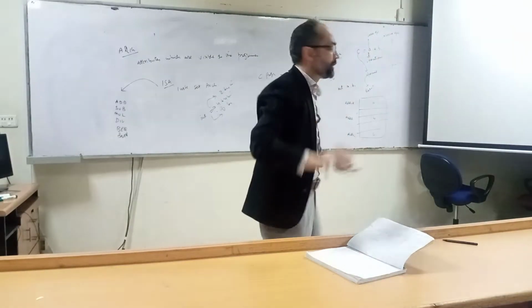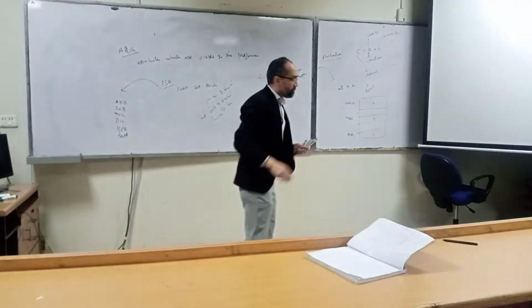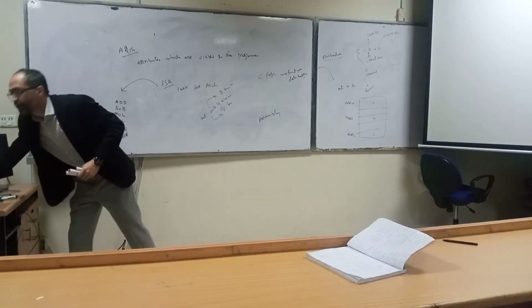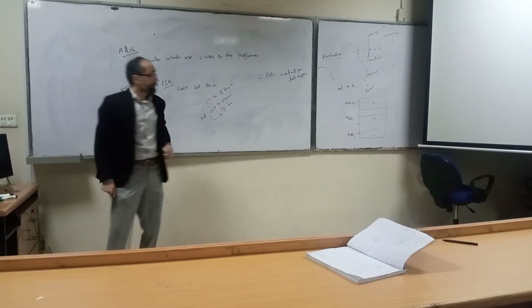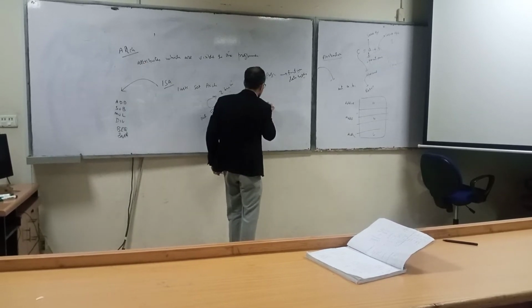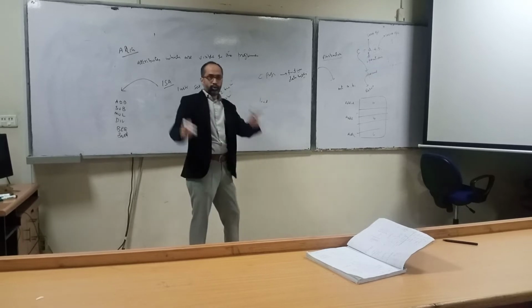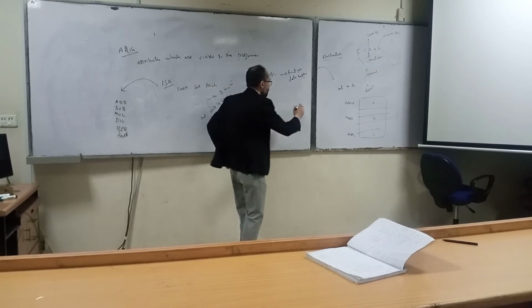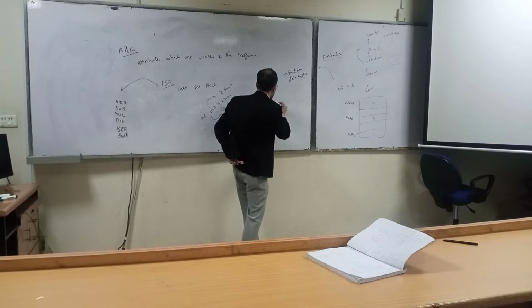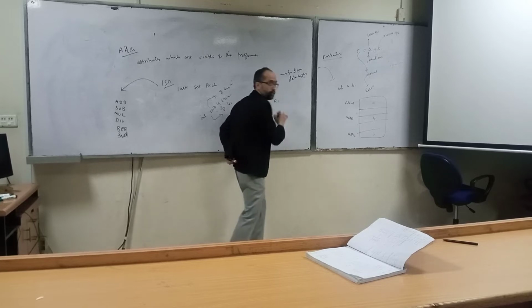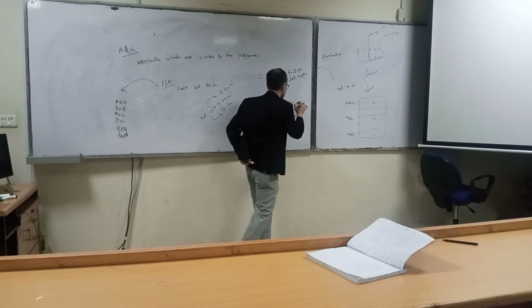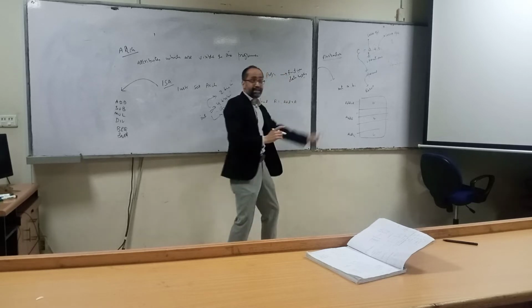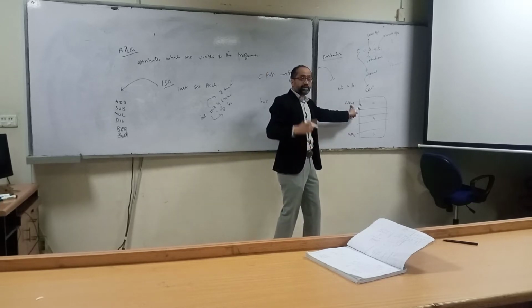If you look at the view of the assembly programmer, if we translate this simple snippet of code into assembly, maybe we can have it like this: load R1, address of A. So what is the address of A? It is where the value is placed.